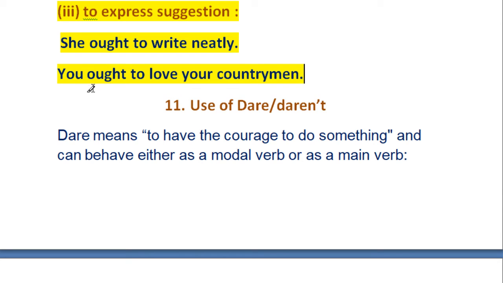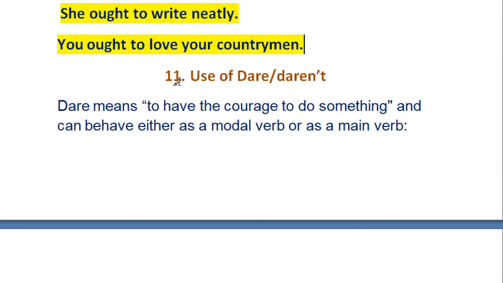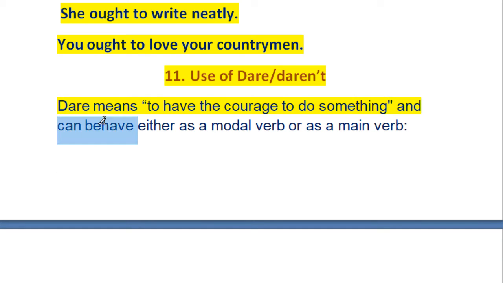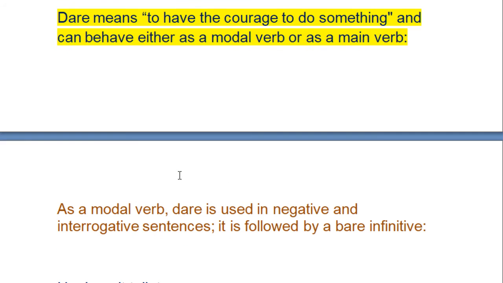Next is the use of dare and dare not. This is a semi modal. Let us see how it is used. Dare means to have the courage to do something and can behave either as a modal verb or as a main verb.